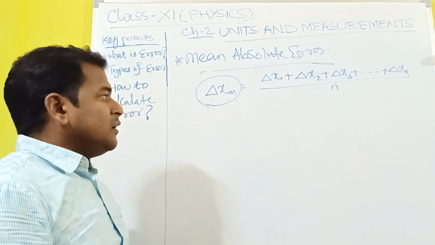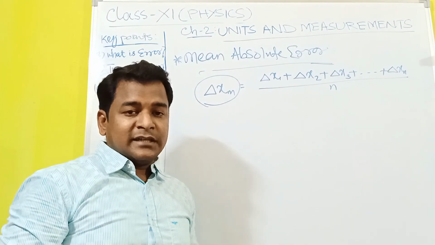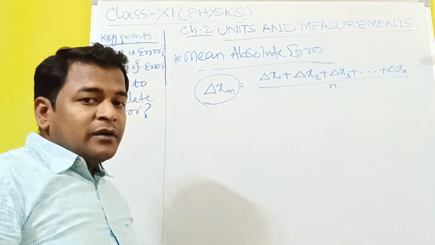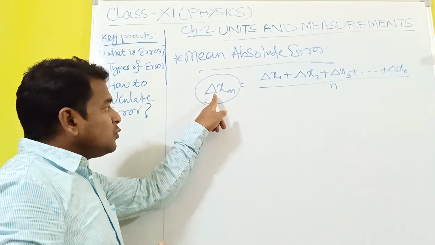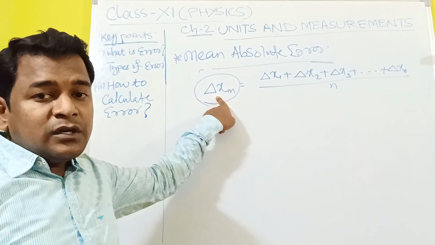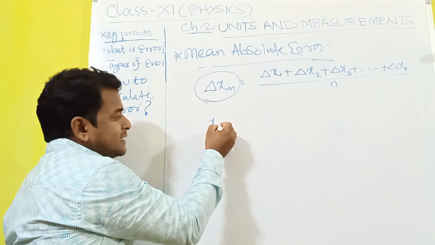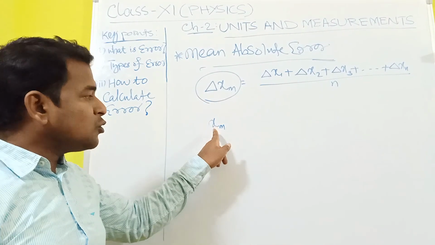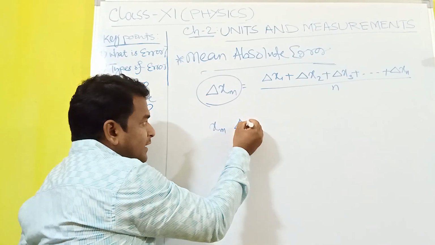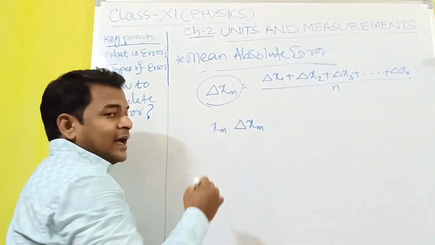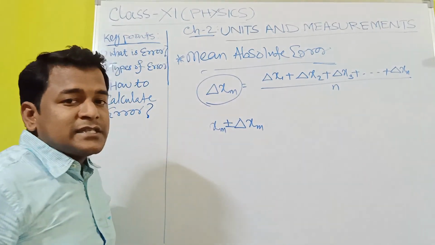Now the important thing is, whenever we have to represent the value, how can we present it? With the true value we have to present this mean absolute error. That means the true value xm, the mean value, and with that we write the mean absolute error using the plus or minus symbol.